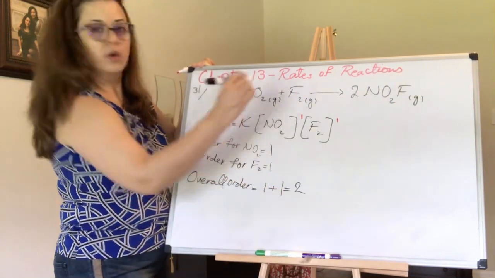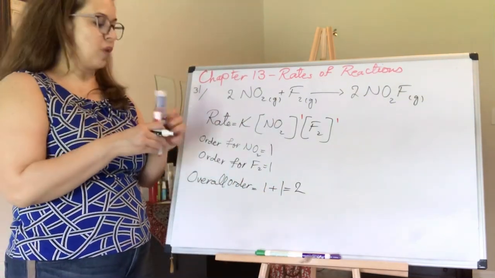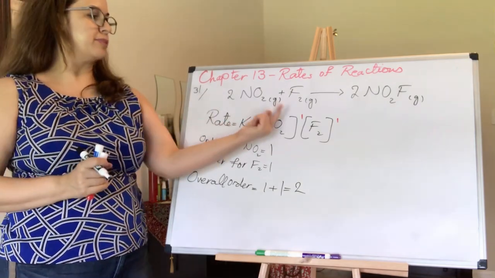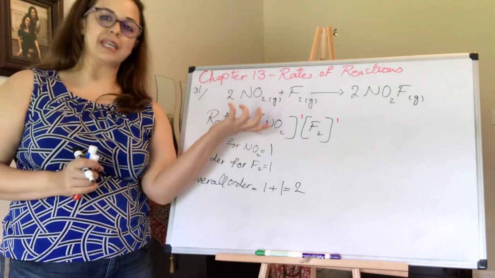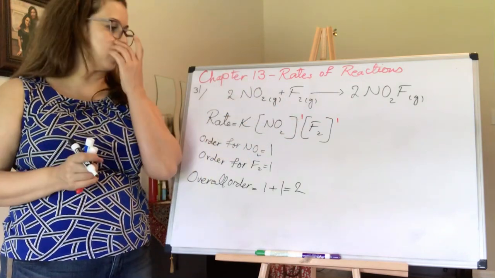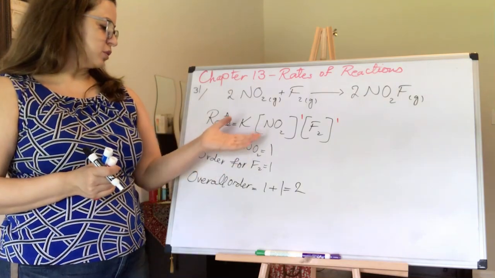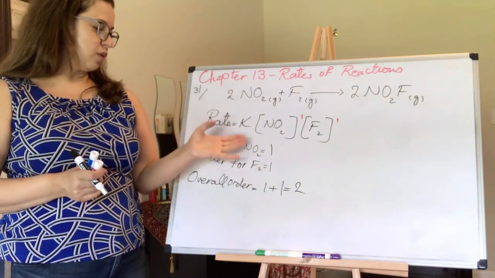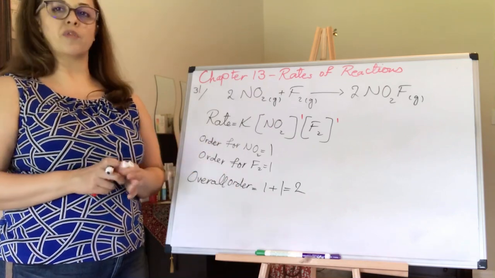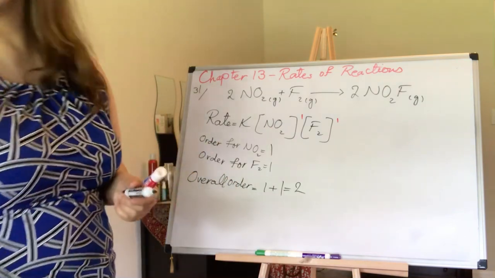It is 2. So there can be a simple question about the reaction. You simply look at the exponents. If you don't see anything, it's going to be 1. And if you see 2, the order is 2. And you simply find out the order for each of the components and find out the overall order of the reaction.